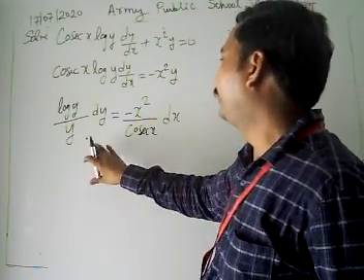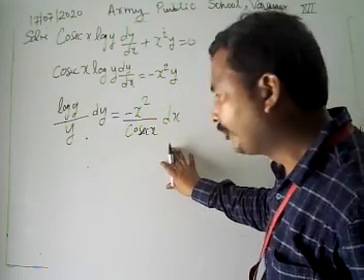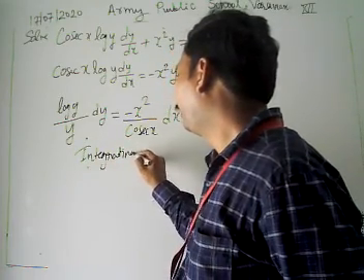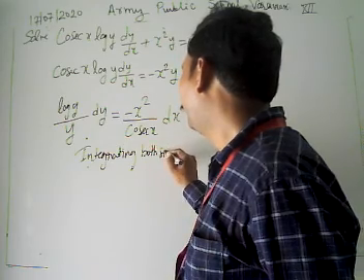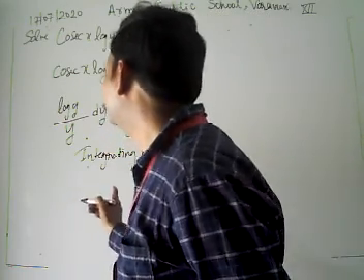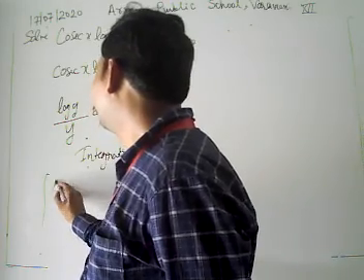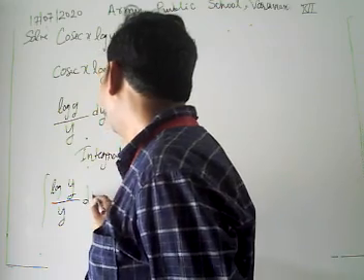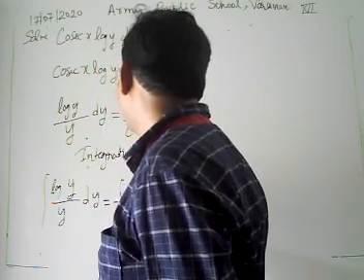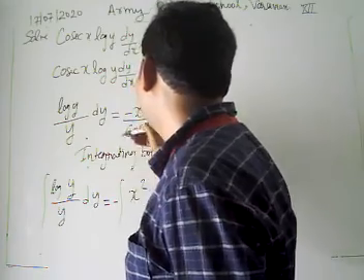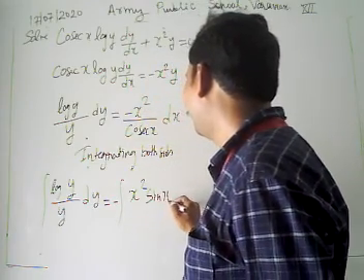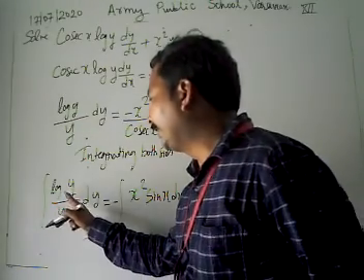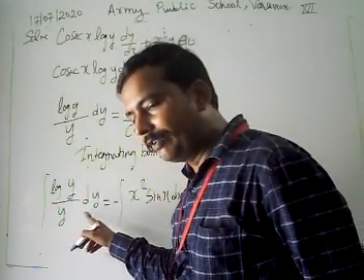Now after separating the variables, what do we have to do? We have to integrate both sides with respect to x and dx. Integration of log y by y dy: we take log y as t, then 1 by y dy is dt.